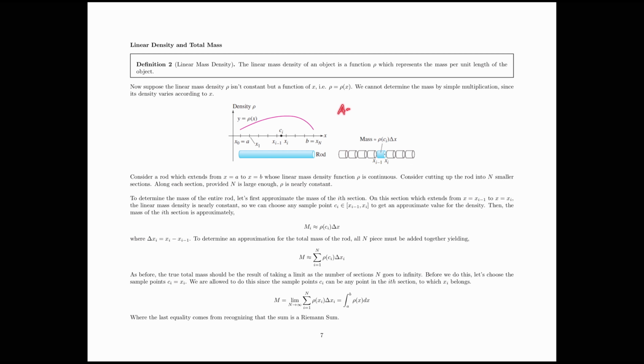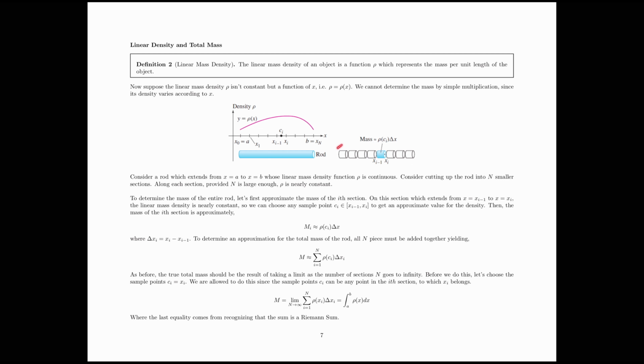And as n goes to a very large number, let's say infinity, each of these little pieces is extremely, extremely small. This width here, delta x, is very close to 0 if n is very, very large. So true, the density is different here on the left end than it is here on the right end, and potentially it's different at every intermediate x value.